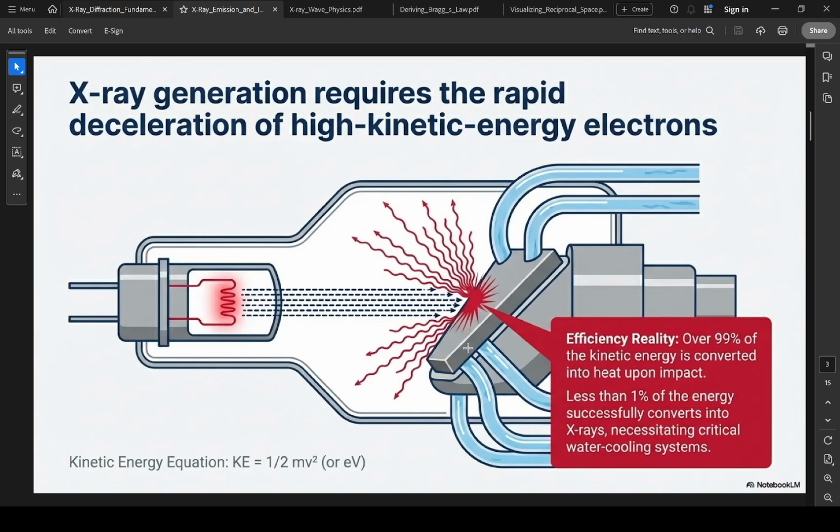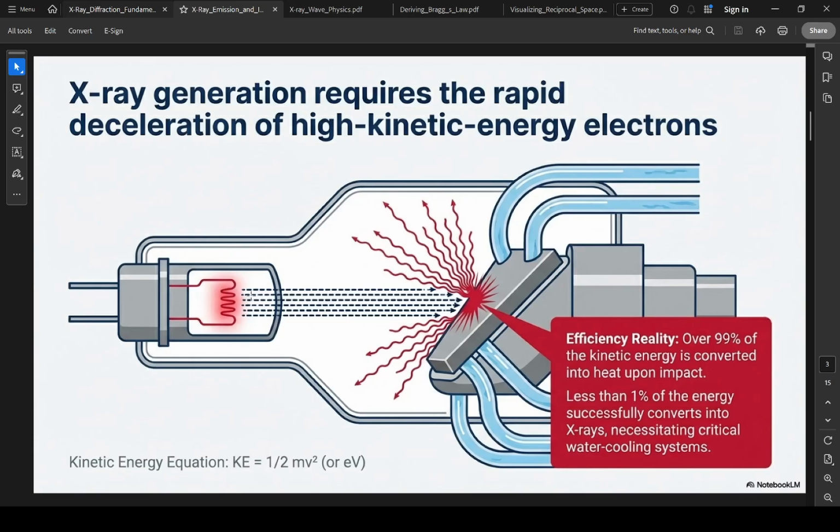Now, how are X-rays generated? X-rays are generated by rapid deceleration of high kinetic energy electrons. You have a cathode here, which is made of elements like tungsten, and you have an anode here, which is your target material.